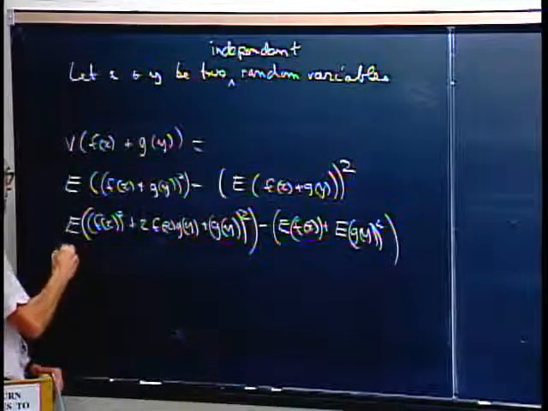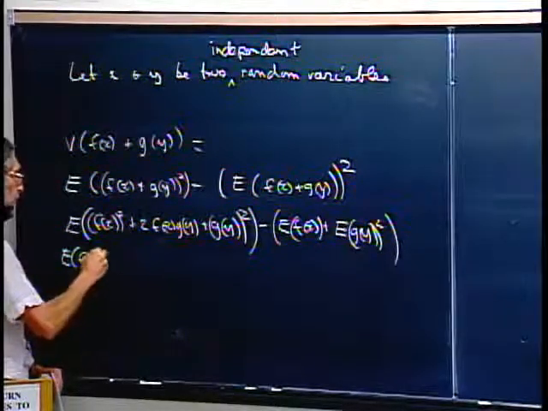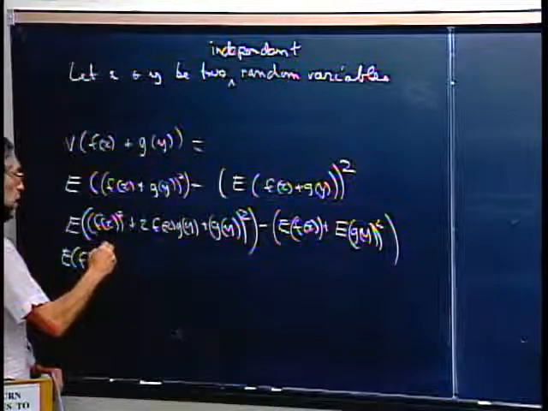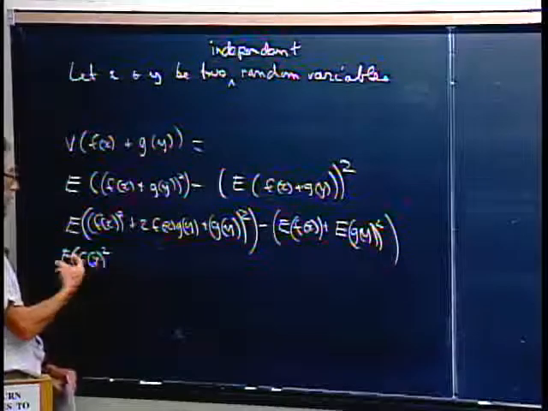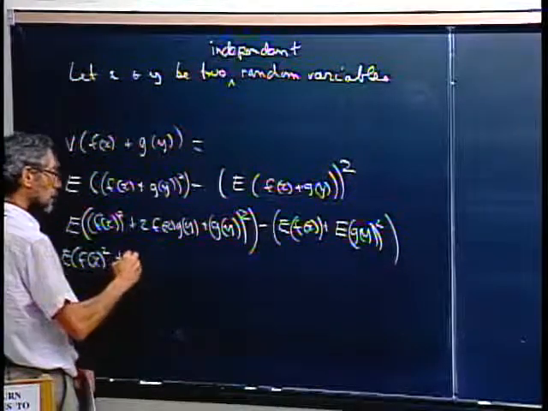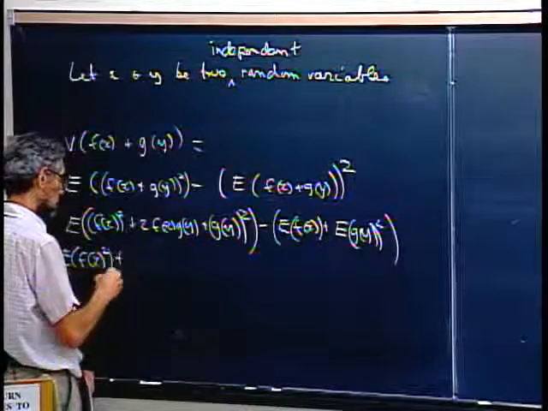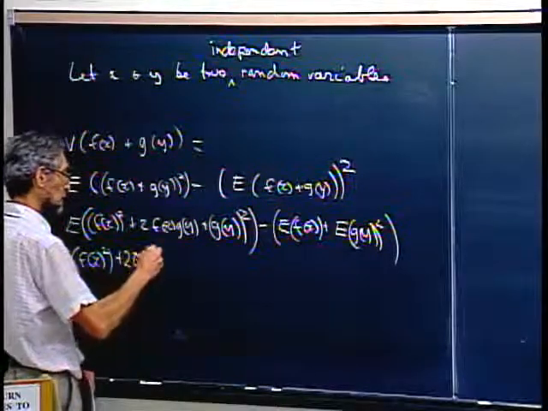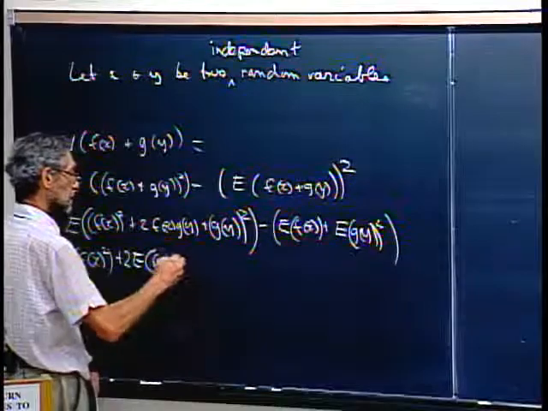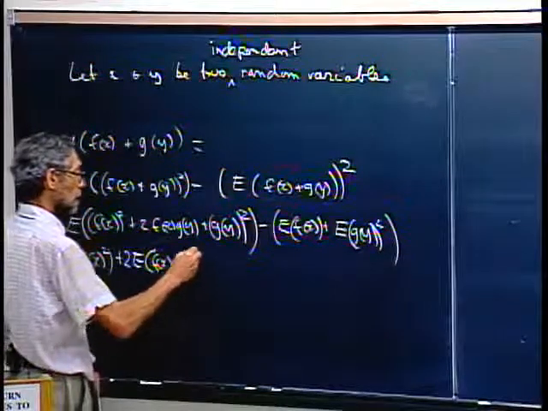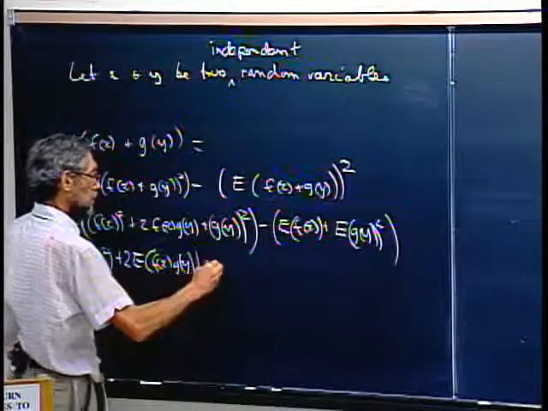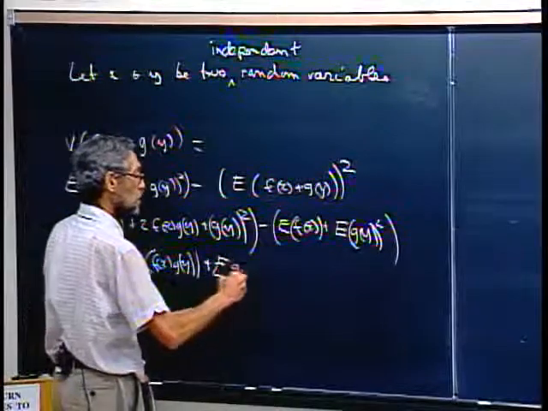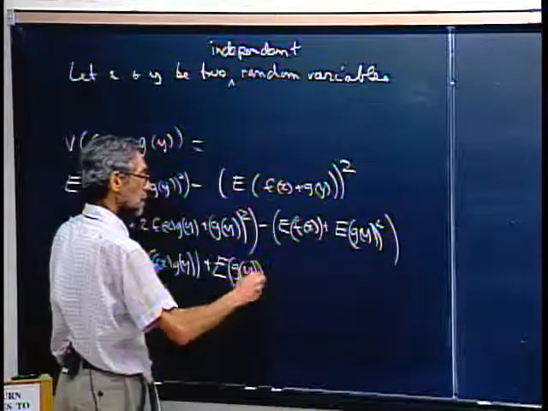So I can say this is the expectation of f(x) squared. You know I'm squaring f(x). Plus twice the expectation of f(x) g(y) plus the expectation of g(y) squared.